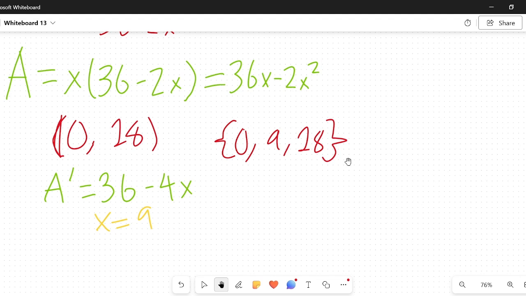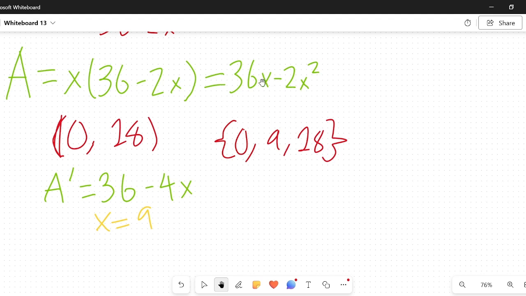If we plug in 18, it's also 0, because 36 times 18 minus 2 times 18 times 18 is 2 times 18 times 18 minus 2 times 18 times 18, which equals 0. So these both are 0.